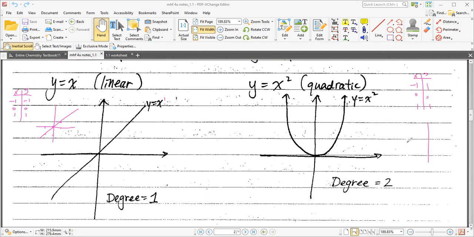We have 3 points: (0, 0), (1, 1), (-1, 1). I connect these 3 points, and this is my graph. So it's quadratic. The highest power of x is 2, so the degree is 2. The leading coefficient is +1.